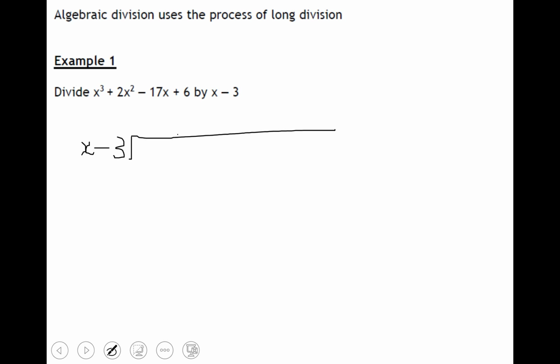So we want to divide x cubed plus 2x squared minus 17x plus 6 by x minus 3. So we draw our normal bus stop structure.